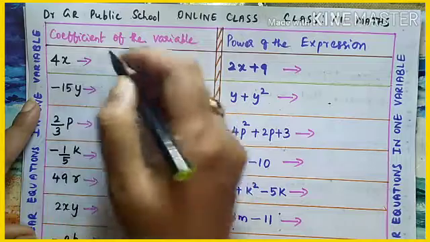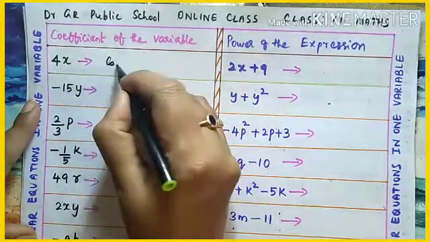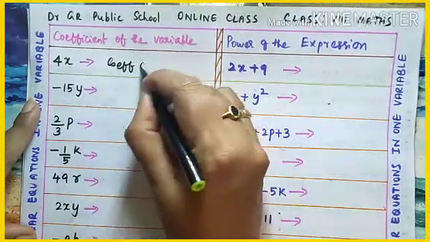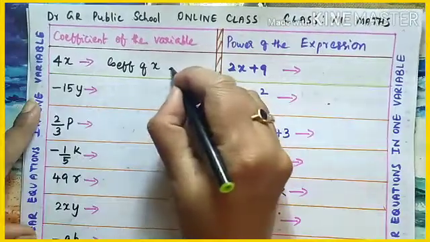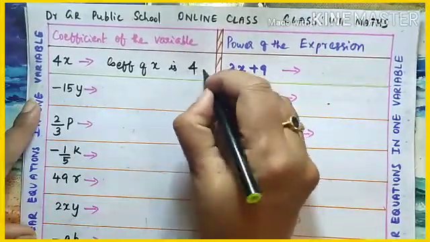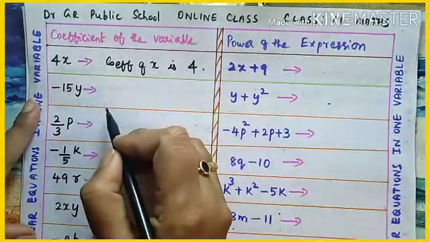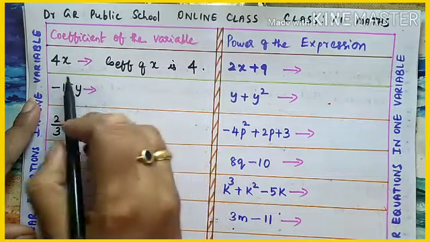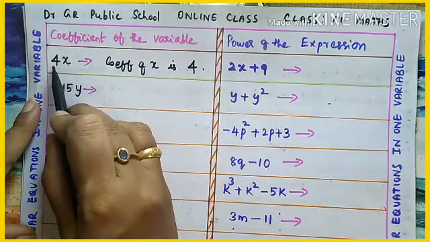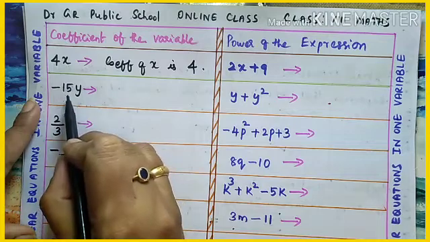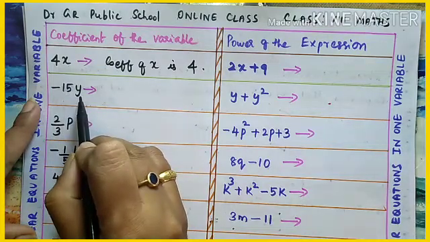Very good, 4. So here the coefficient of x is 4. Okay, so coefficient always comes for the variable. Here the coefficient of x is 4. Now come to this example. Here the variable is y. So who is the coefficient of y?